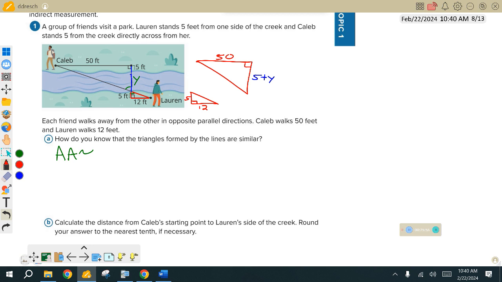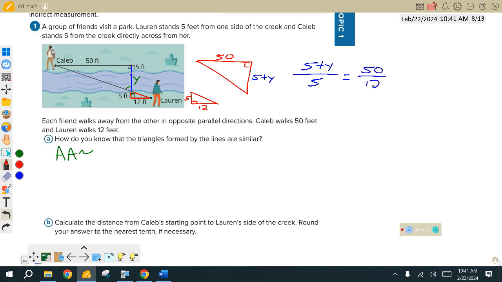Now that we have it, match up the corresponding sides. So somebody start my proportion. 5 plus y, fine. What's 5 plus y corresponding to? The vertical leg to the vertical leg equals what to what? 50 to 12.